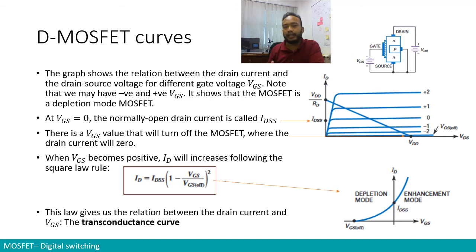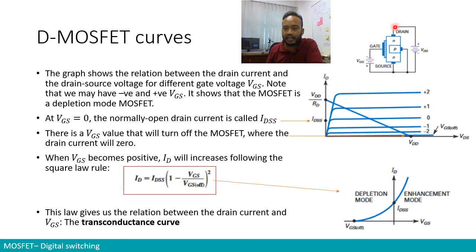So if you look at the curves of a depletion mode MOSFET, what we're going to see is what we have over here. We are looking at a graph that shows the relation between the drain current and the drain-source voltage.